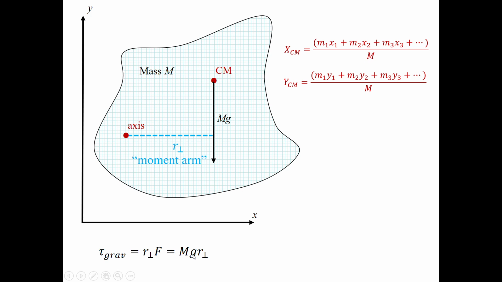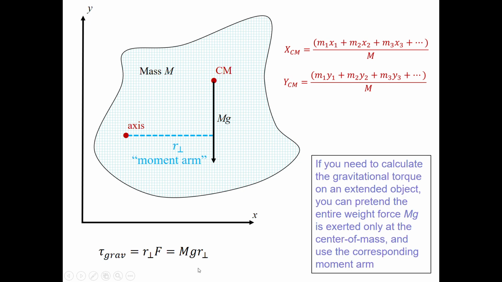And in this case, the force is just the full gravitational weight force, mg, times r perpendicular. Now this is just the magnitude of the torque. If we want to assign a sign to it, okay, before I say that, again, this is the same text that was on the previous slide.